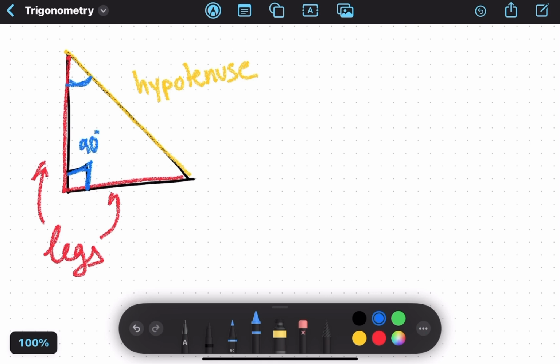And these here are our vertex angles. Let me find a different color. These angles have the same measure, 45 degrees. Why is that? Because the angles inside of a triangle add up to 180 degrees.